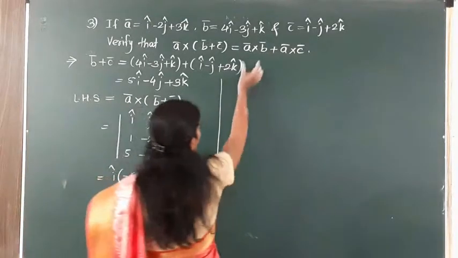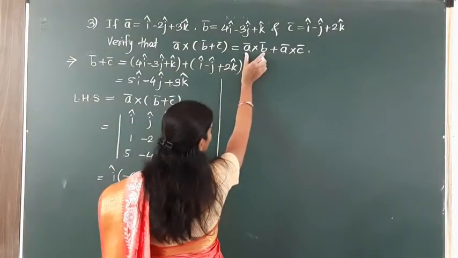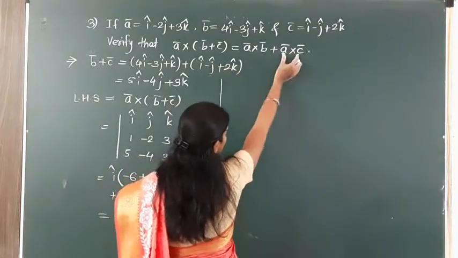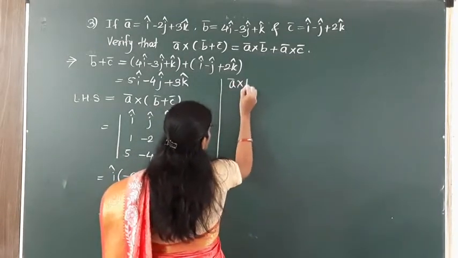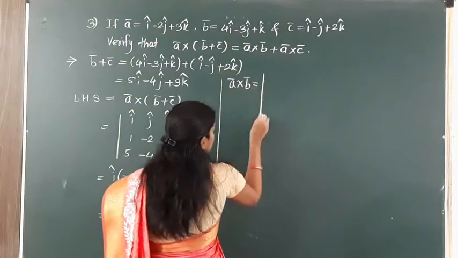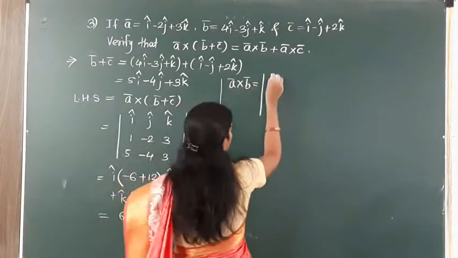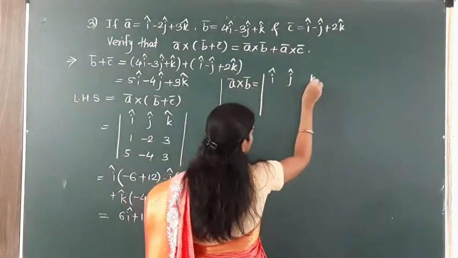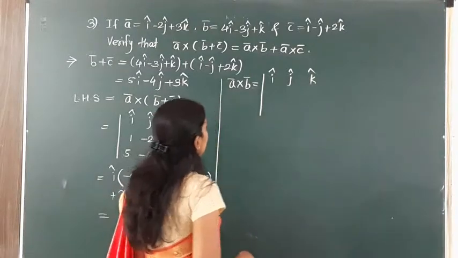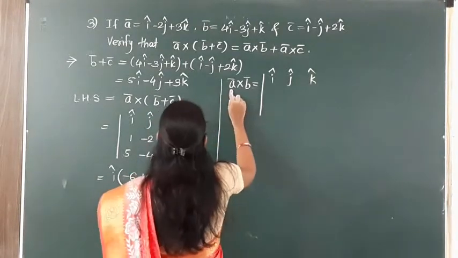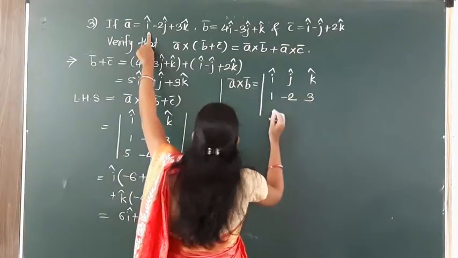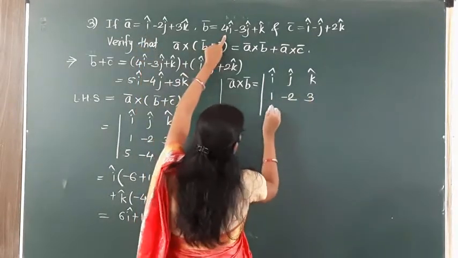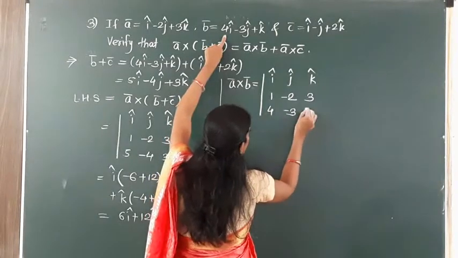Now, RHS. For the RHS, we firstly have to find a bar cross b bar and a bar cross c bar. So what is a bar cross b bar? It is the determinant with first row i cap, j cap, k cap. The second row is about a bar, which is 1, minus 2, 3. b bar is 4, minus 3, 1.